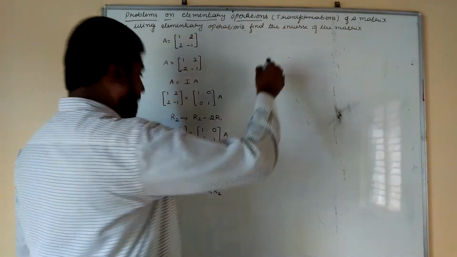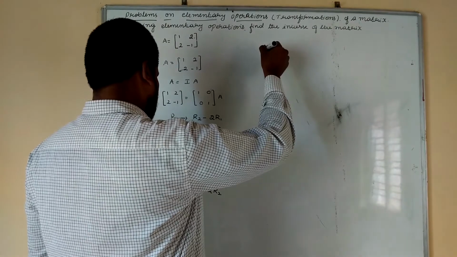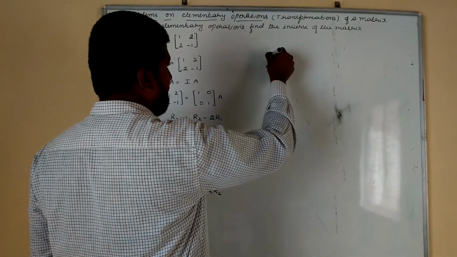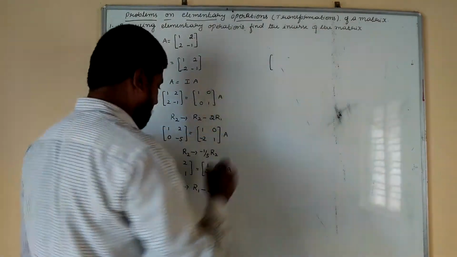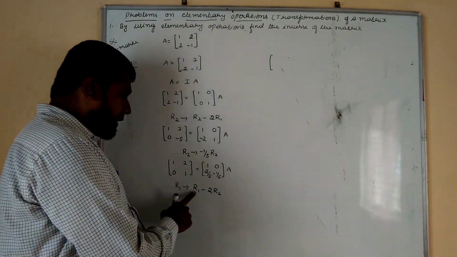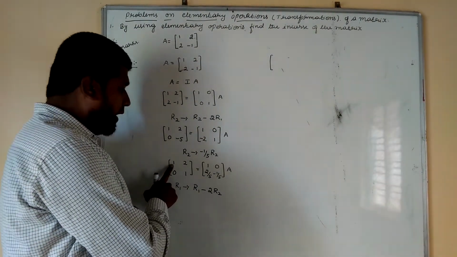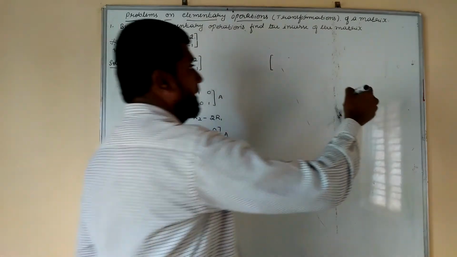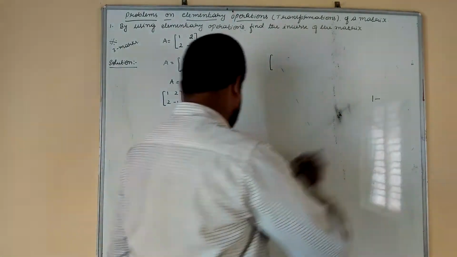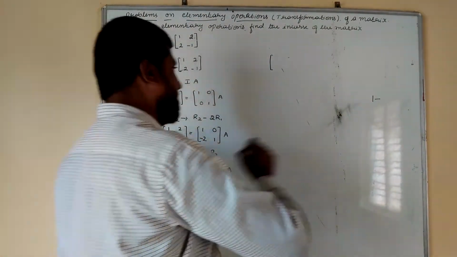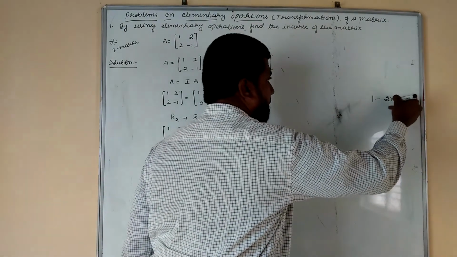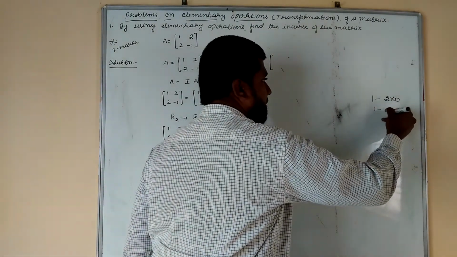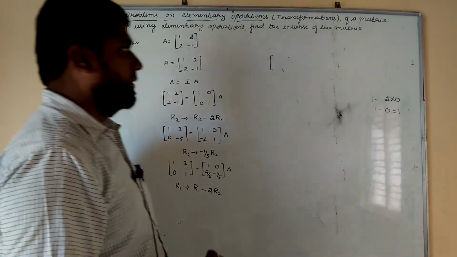Let us see here. So now we are changing the row 1. So you should not write the same row 1. Now we are changing the row 1. So R1 is 1, 1 minus 2R2. The 2R2 element is 0, 2 into 0. 1 minus 0, you are getting 1 only.